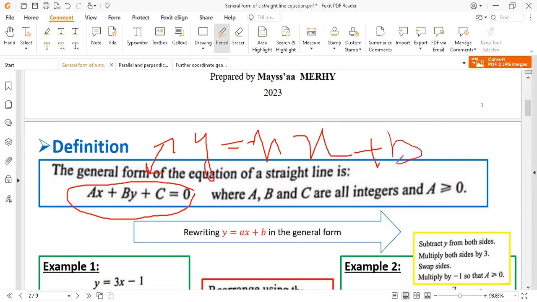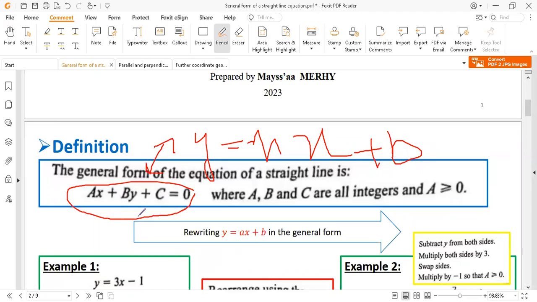But the question here is, is there any relation between the ancient form of the equation of a straight line and the general form?